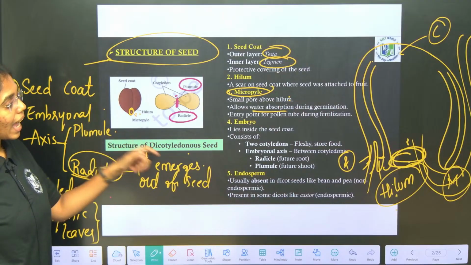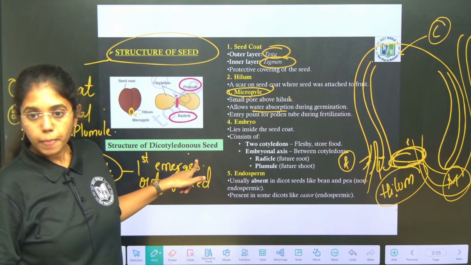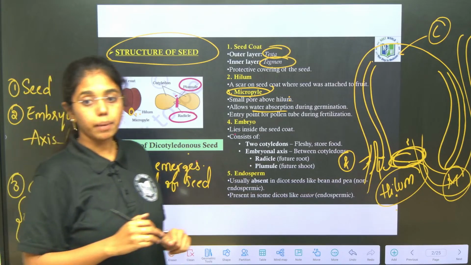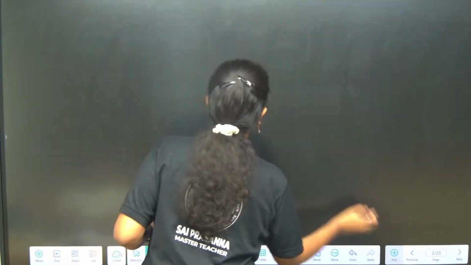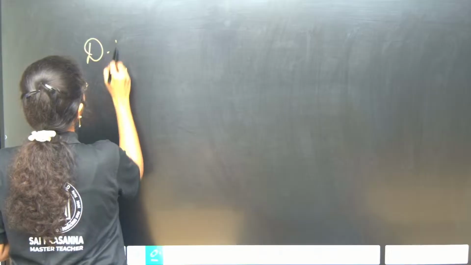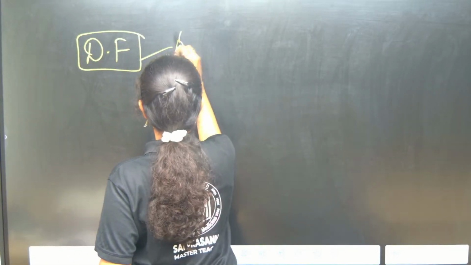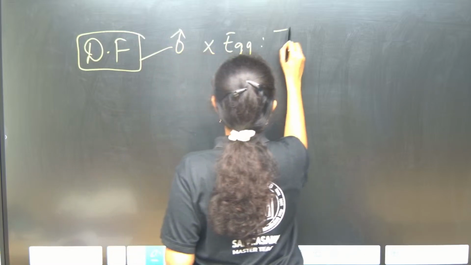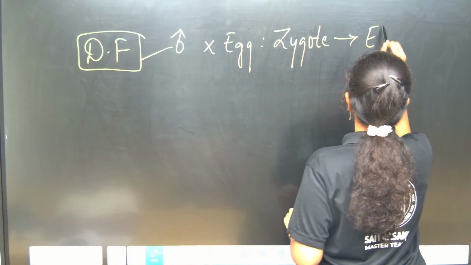Embryonal axis and embryo. In most of the dicot seeds, after double fertilization, what is formed? You have to recall this. In double fertilization, first a male gamete will fuse with the egg cell, forming zygote. This zygote matures to embryo.